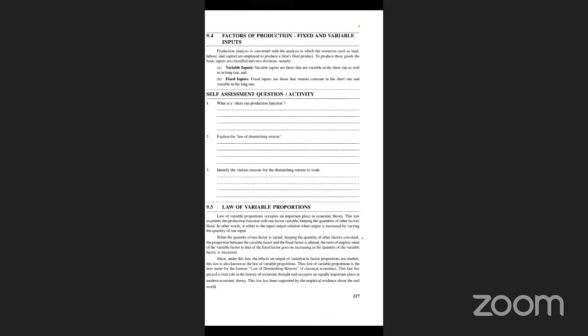You focus here on how much varying the quantity of one input changes the output, keeping all the other factors constant. So the proportion between these variable factors and fixed factors is understood. And this relationship between input and output is referred to as the law of variable proportion.